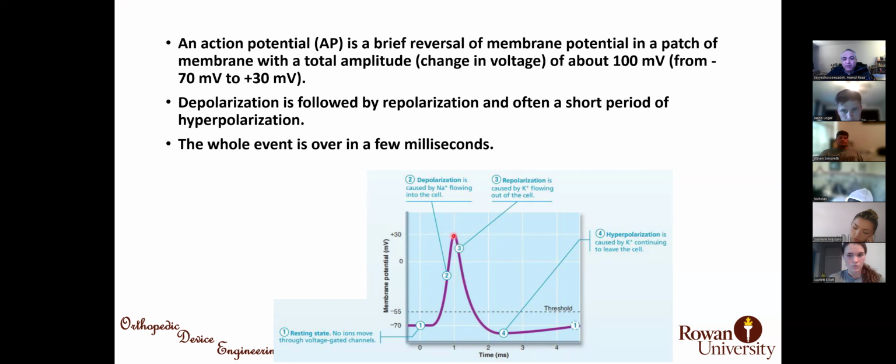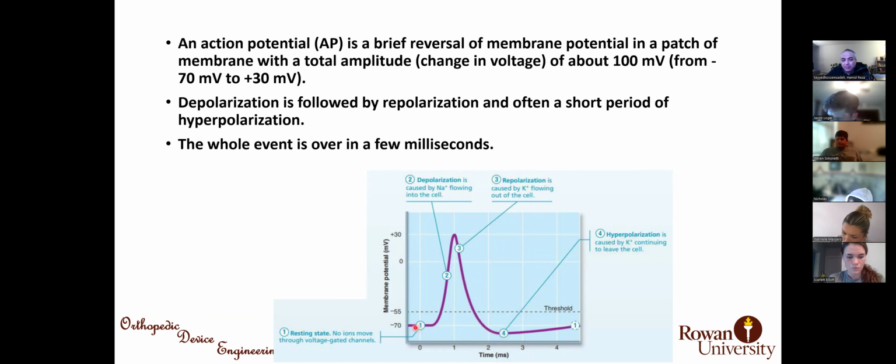So from depolarization, it becomes polarized again, or repolarization. In the nervous tissue, this repolarization continues a little bit more, which we call hyperpolarization.